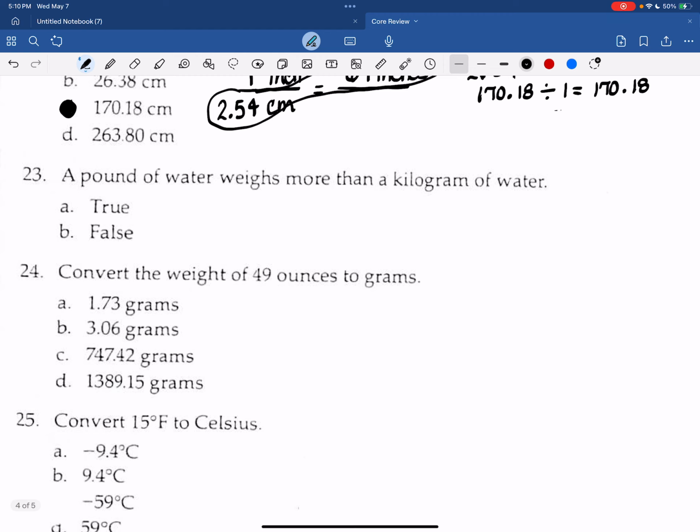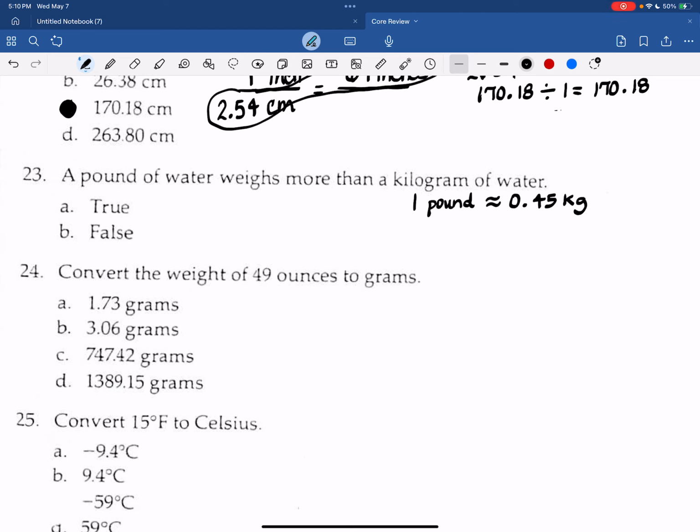Number 23. Oh boy. A pound of water weighs more than a kilogram of water. Is that true or false? Well, I know that 1 pound, and again, I'm going with the formulas that I've memorized, is approximately 0.45 kilograms. It's almost a half a kilogram.